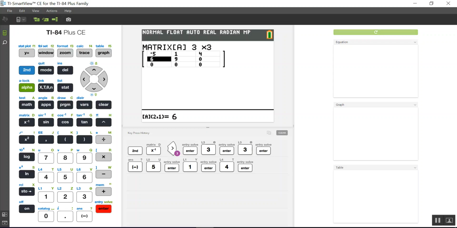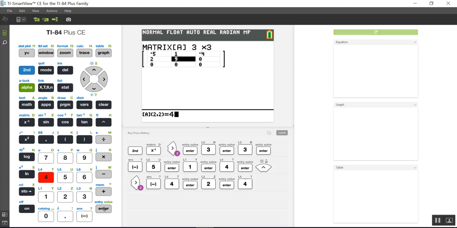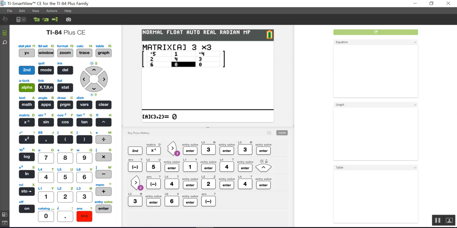Oops, that should be -4. Can I go back up there using arrows? There we go. -4. And then 2, 4, 3, and 6, -3, -2. Okay, so there's my coefficient matrix.